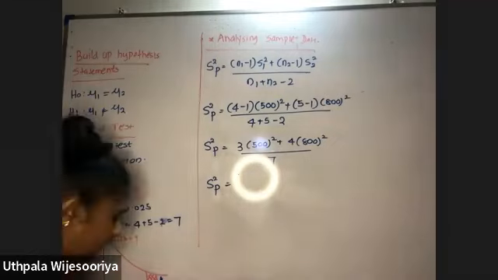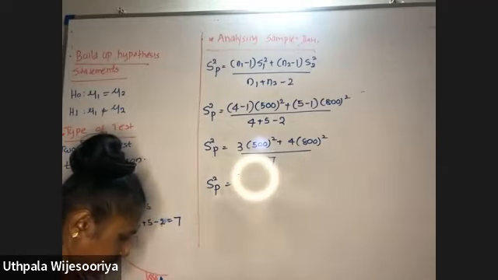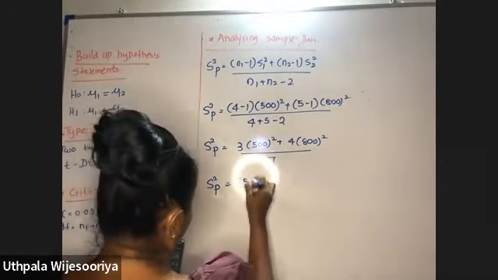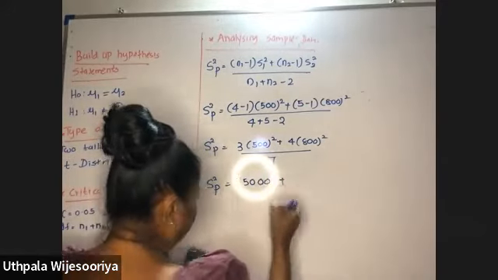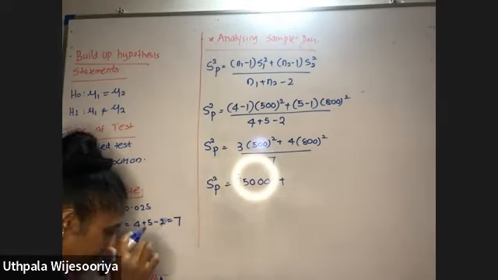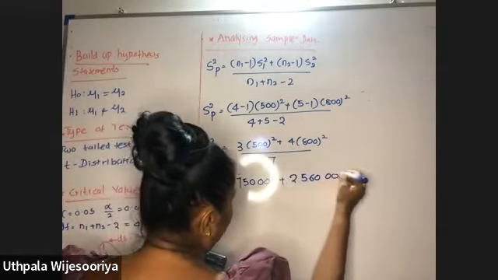Three into 500 squared is 750,000, plus 4 into 800 squared is 2,560,000, divided by 7.